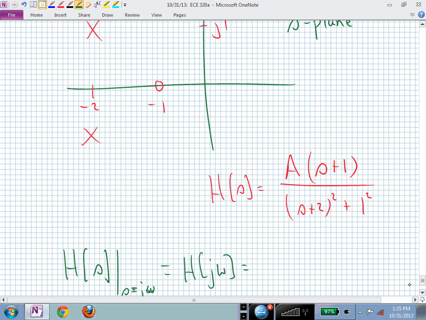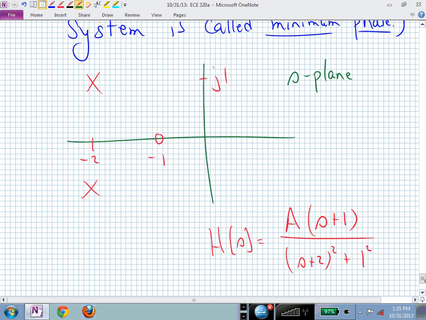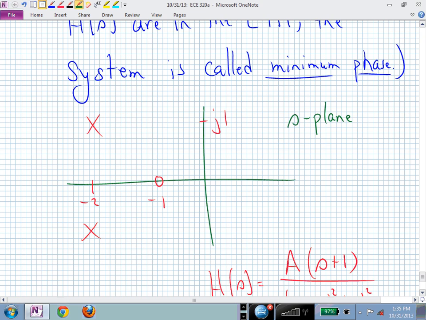We replace s everywhere with j omega, which is really equivalent to saying I'm going to look at what happens when I simply walk up this frequency axis, and whatever happens at certain frequencies, that's how that system is going to either amplify or attenuate the behavior at that frequency.